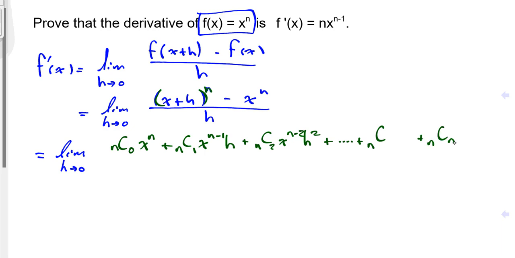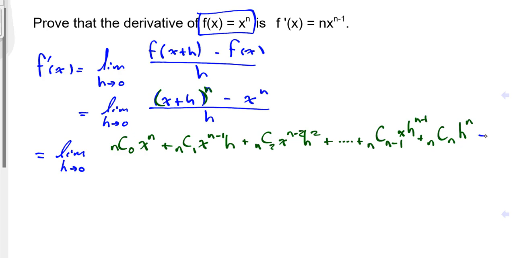N. And x would be to the exponent 0, so I'd only have h to the exponent n. So my second last term will be n choose n minus 1, x to the exponent 1, h to the n minus 1. So that's the expansion from the binomial theorem for this (x + h) all to the exponent n.